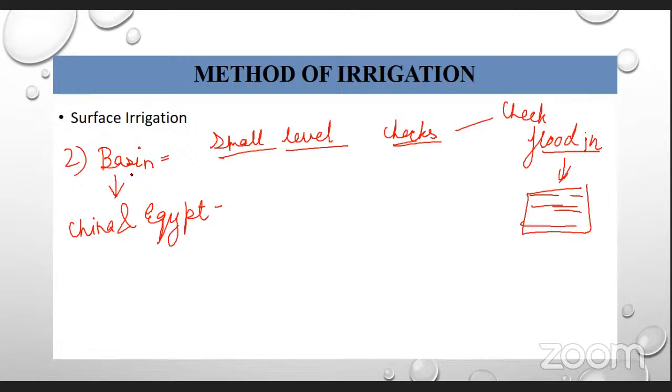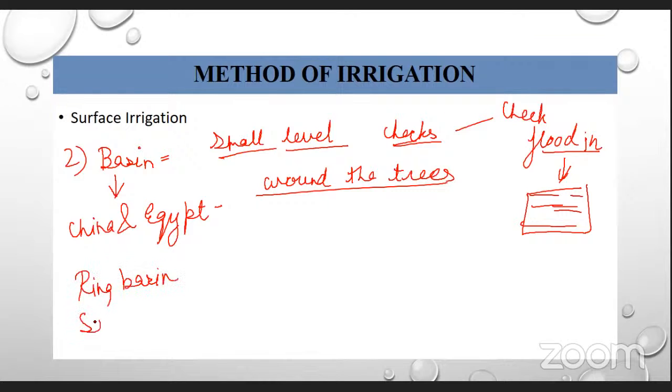But in basin, the field is irrigated only around the trees. Okay, only around the trees, and that's why it is known as the ring basin, or you can say a square basin also.